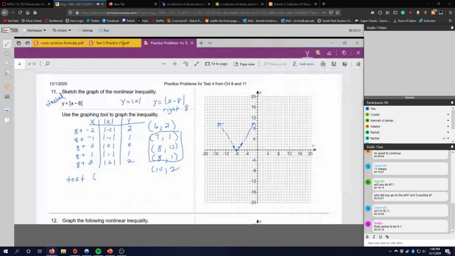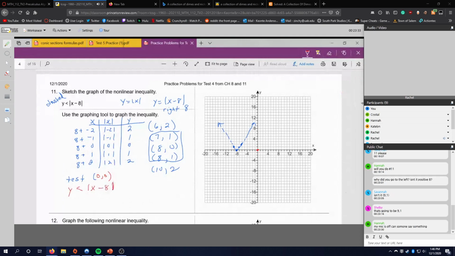So I'm going to test that point right there because it's not on the absolute value. So 0 is less than absolute value of 0 minus 8. 0 is less than the absolute value of negative 8, but absolute value makes that positive. So 0 is less than 8. That's true.